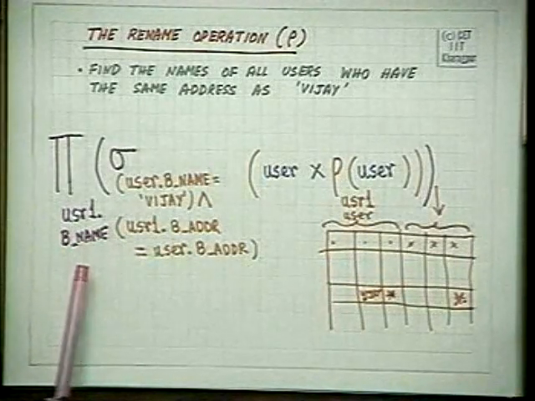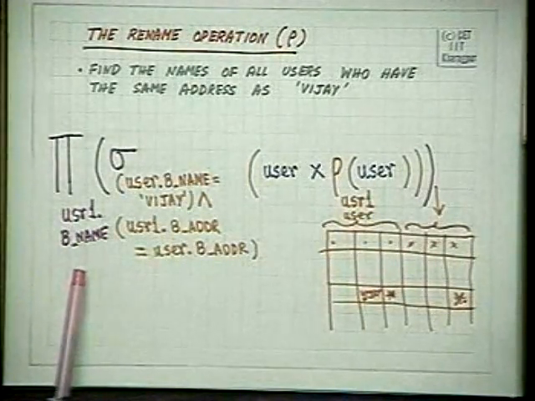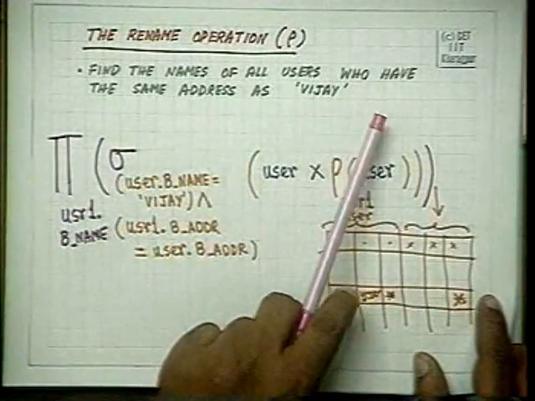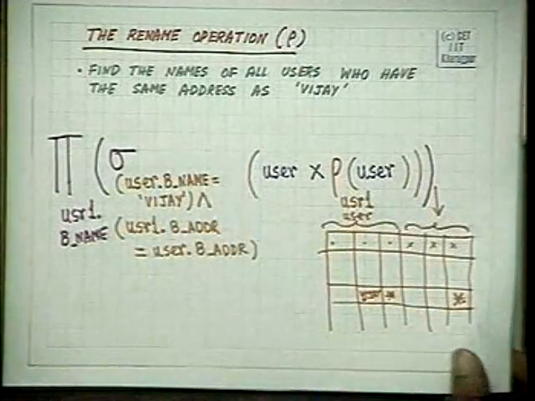Not that Vijay's name will not come. Vijay's name will also come. So we have now been able, using the rename operation, to find out all users who have the same name and address as Vijay.